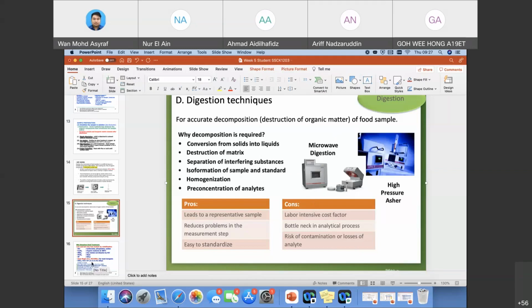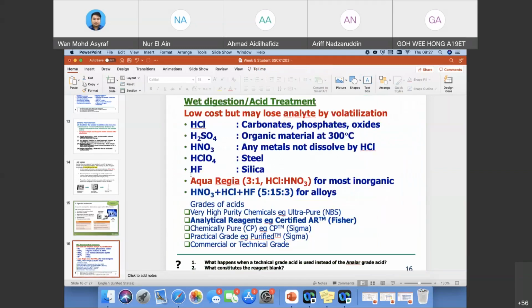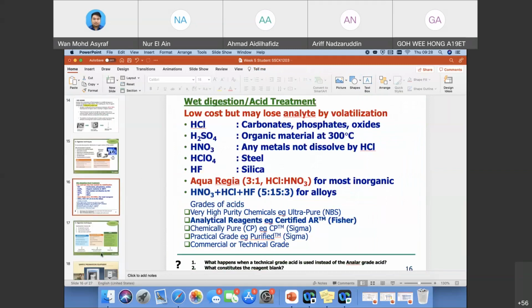Okay. All right. So now we are going to look at the different types of digestion. So now we have wet digestion. So wet digestion is by using acid treatment. Okay. So it is low cost but may lose analyte by volatilization because we heat the analyte lah.